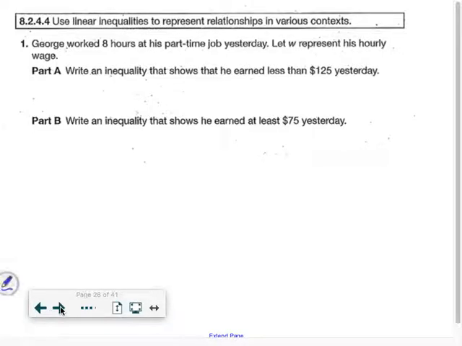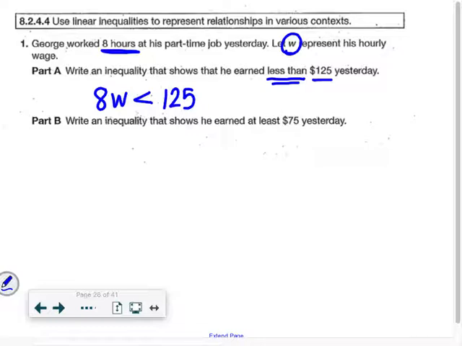So the important information here: George worked 8 hours at his part-time job, W represents his hourly wage, and he earned less than $125. So 8 hours times his hourly wage is less than $125. That would be my inequality.